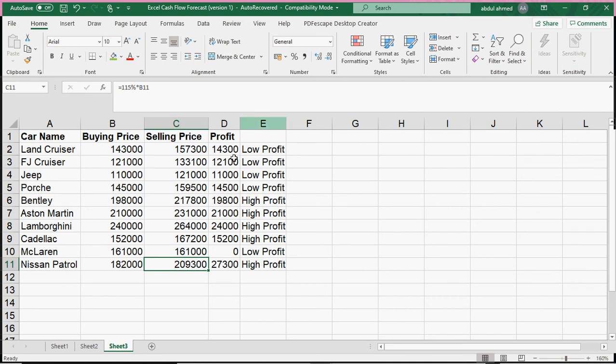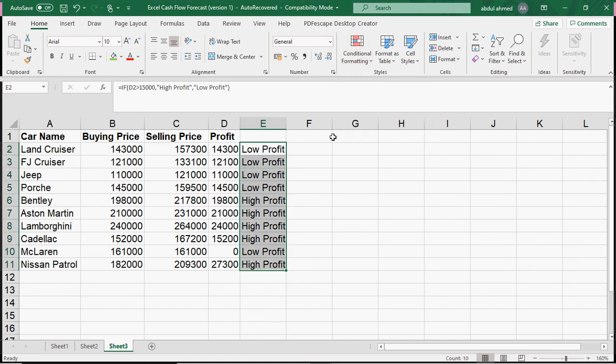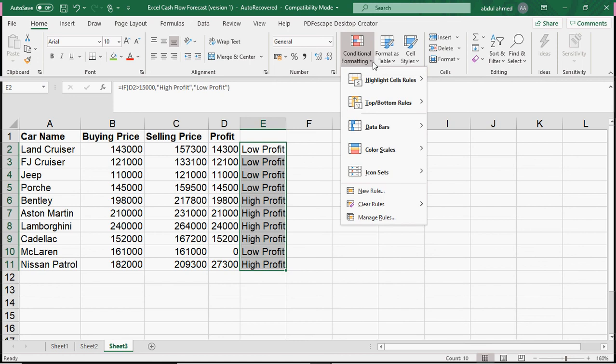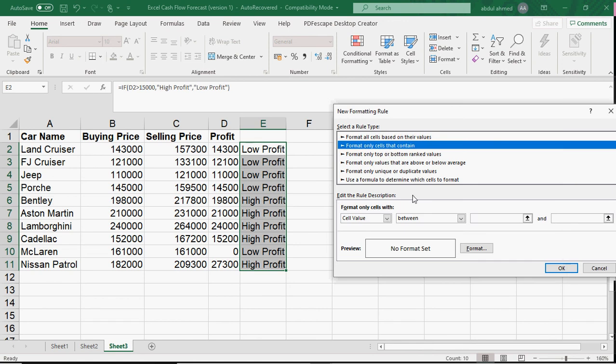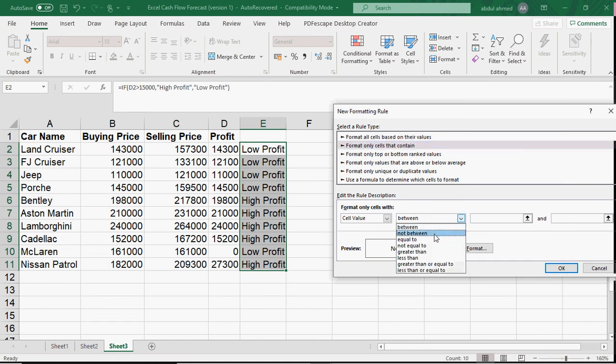Now you can see that, okay, I have high and low. The next thing is I want to do my conditional formatting. Okay, so I click on that box and I say, right, actually I will select all of them just to make it quicker and easier. And I say conditional formatting, new rule. Remember I said click on the second one, cell value is equal to.